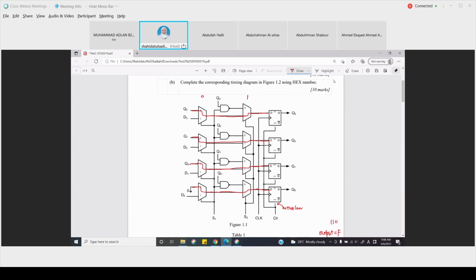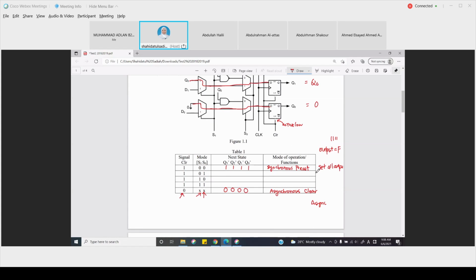What's coming here is Q2, here is Q1, then Q0 and 0. Which means Q2, Q1, Q0, 0.